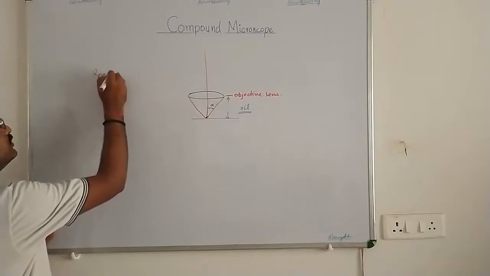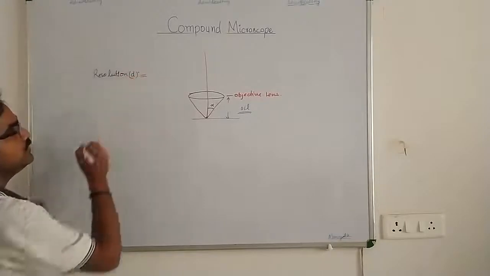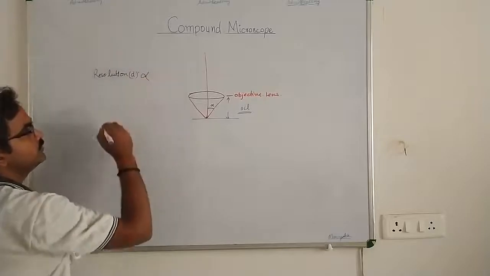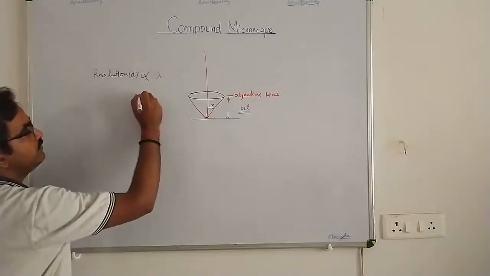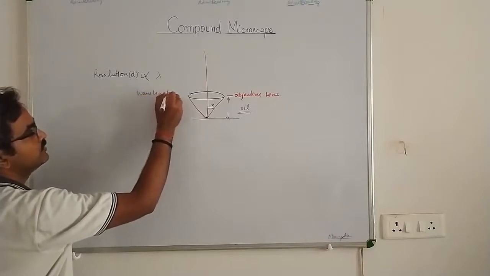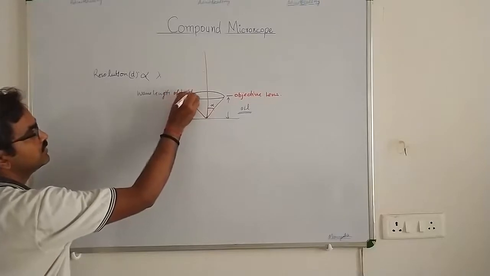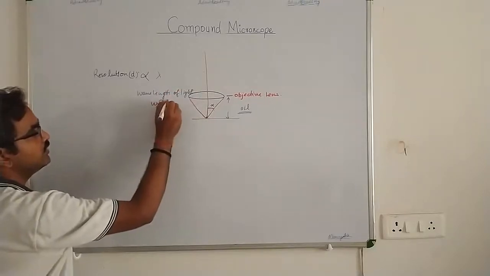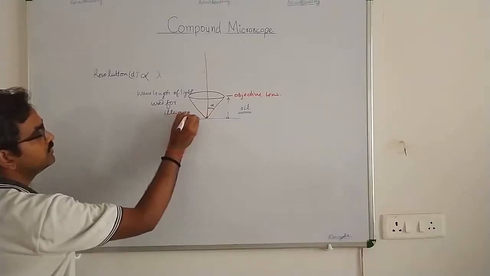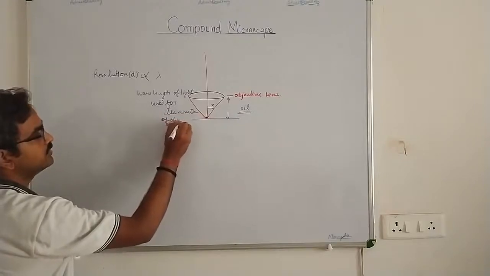So what Abbe said is that resolution, small d, is proportional to the wavelength of light used for illumination of the object.